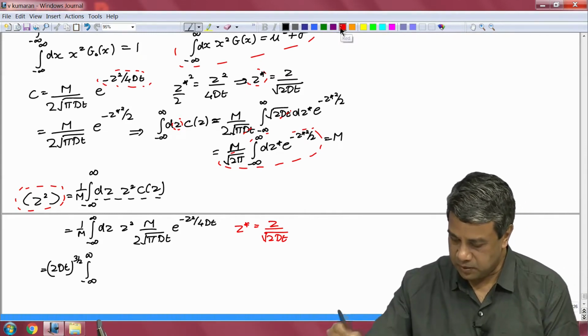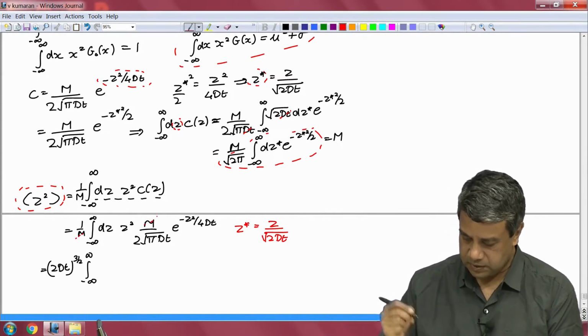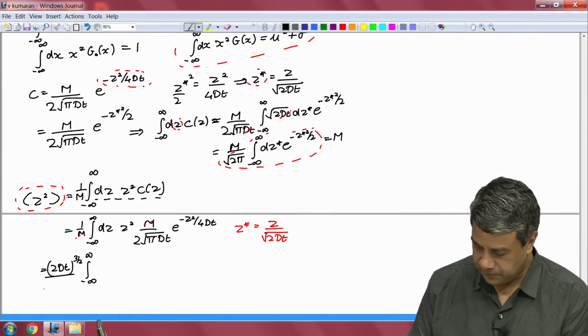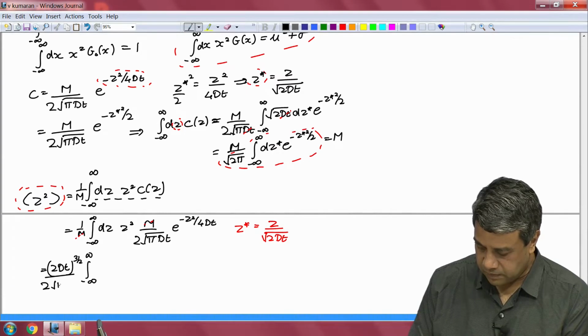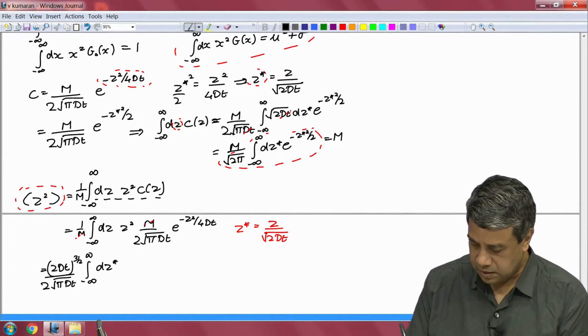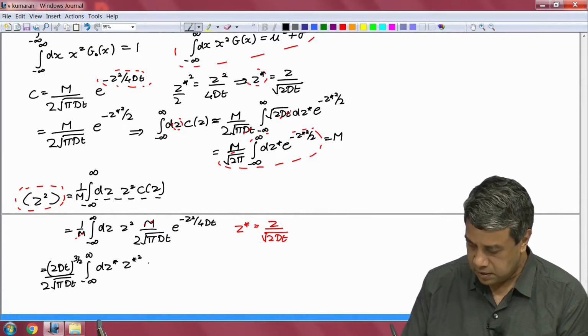And this m and m will cancel out. And I get in the denominator 2 root of pi dt, into dz star z star square e power minus z star square by 2.